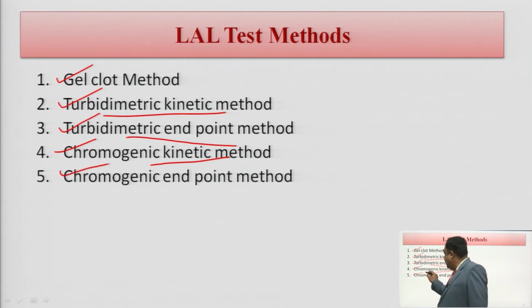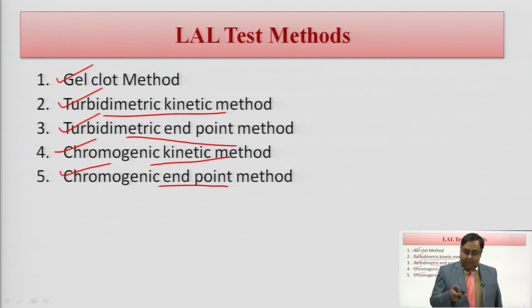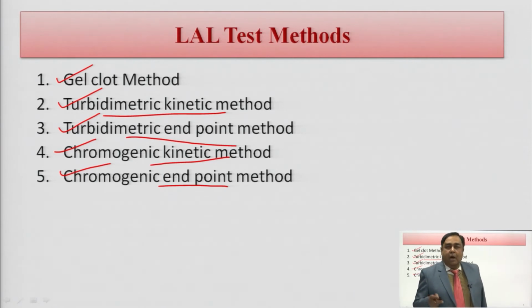And lastly, we have the chromogenic endpoint method. These are the 5 methods which we take the help of whenever we are determining the presence of a pyrogen in a pharmaceutical preparation. Let us see how these methods act.